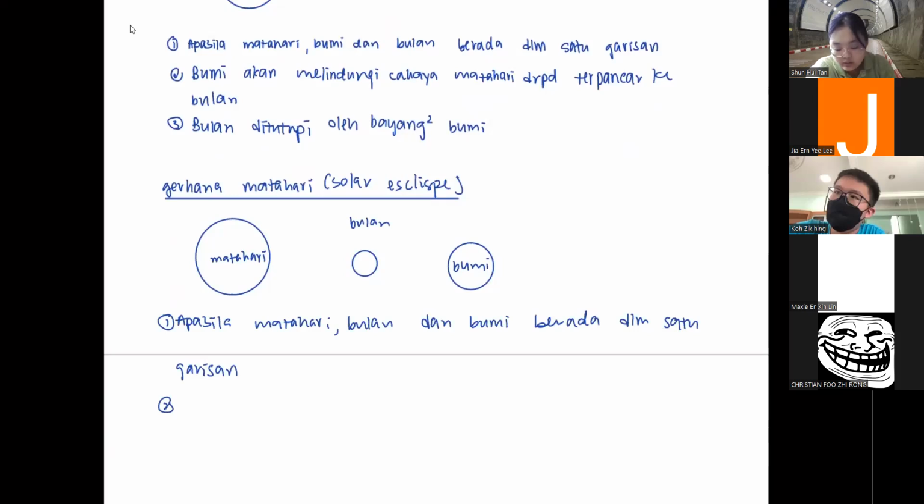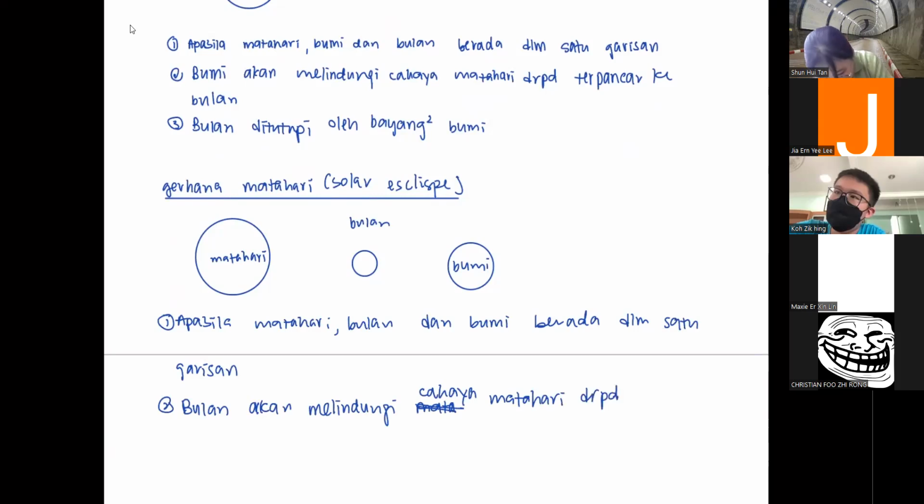So what happened now? Bulan blocking. So bulan akan melindungi. Just now is bumi melindungi, but now is bulan melindungi cahaya matahari, sunlight, daripada terpancar ke bumi.